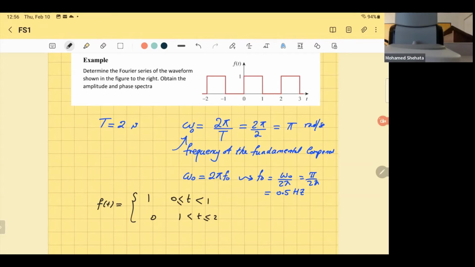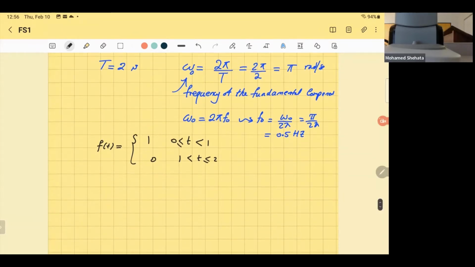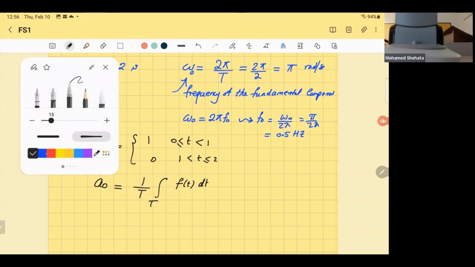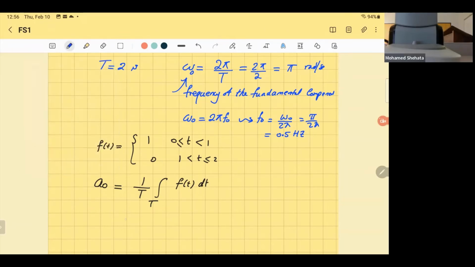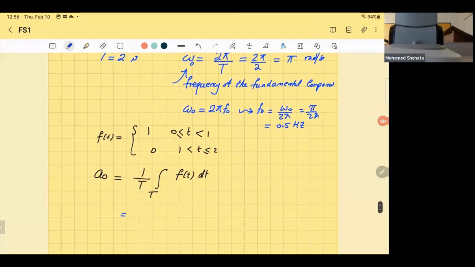All right. So I will write the formula and then we'll apply. The DC component A naught is equal to 1 over T, integration over the period for the function dt. When I look at that, I know that the period we already got is equal to 2 seconds.